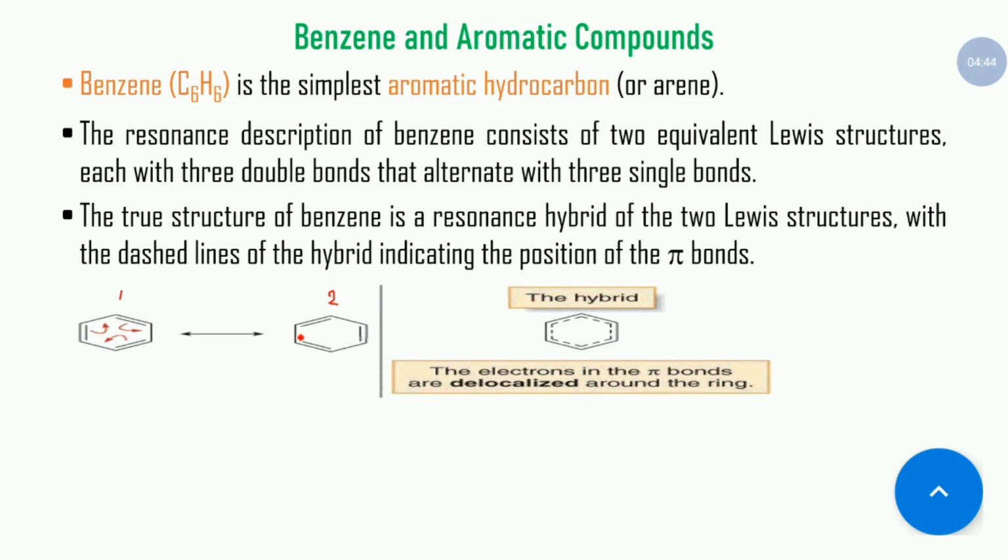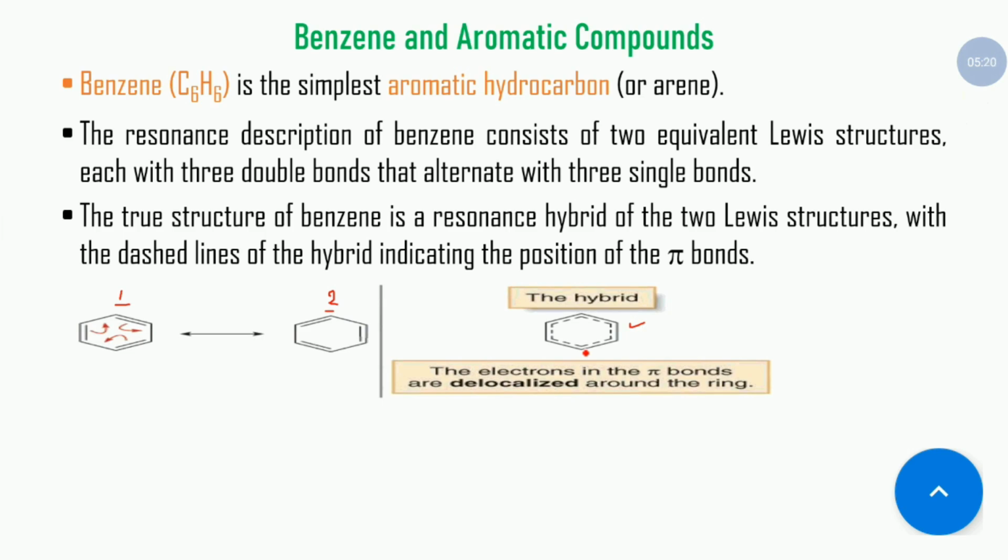And this one on the right hand side is the hybrid structure of benzene. It is nothing but the combination of structure 1 and structure 2. This hybrid structure is due to resonance, because it has delocalized pi electrons.